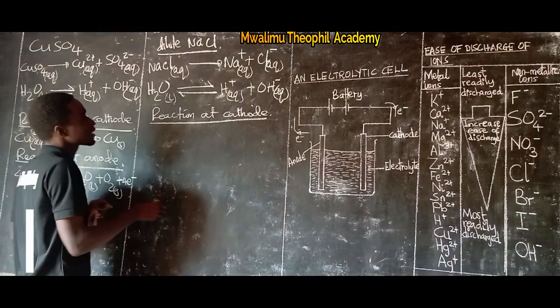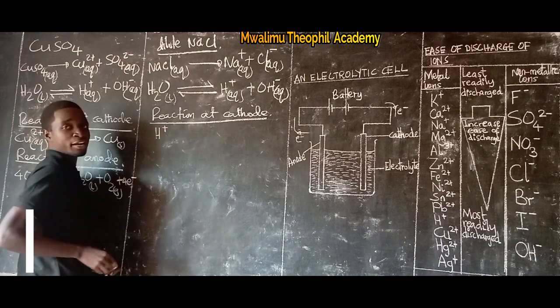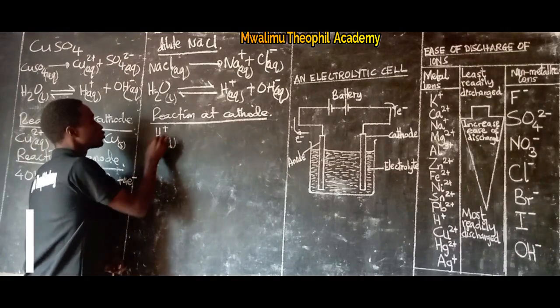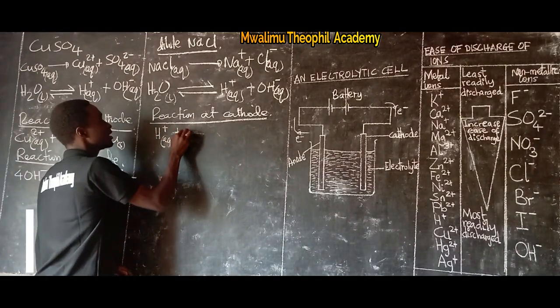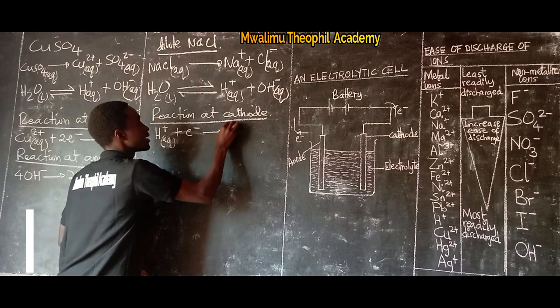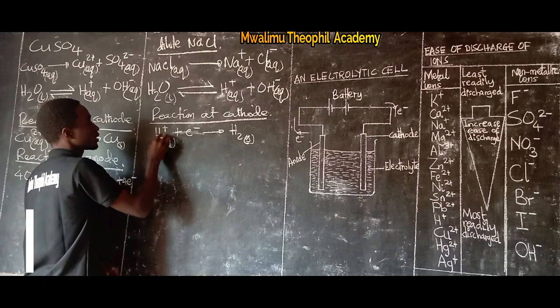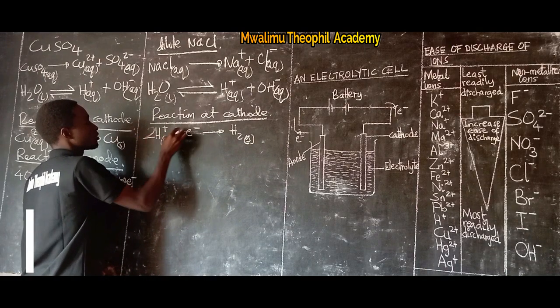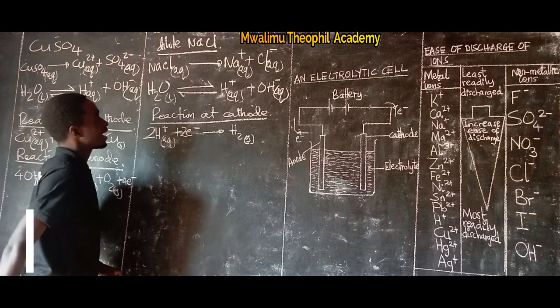So the reaction at cathode will involve the discharge of hydrogen proton to liberate hydrogen gas, as you may see. You're going to get hydrogen gas. Now, this is the reaction at cathode.